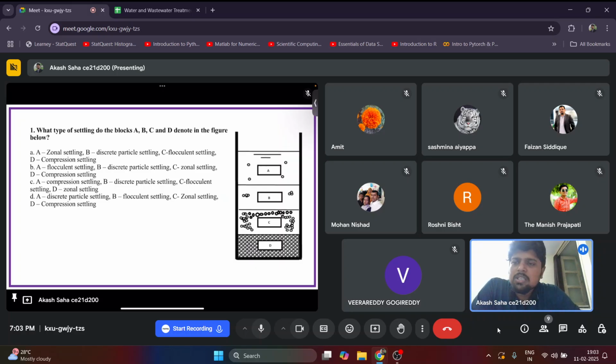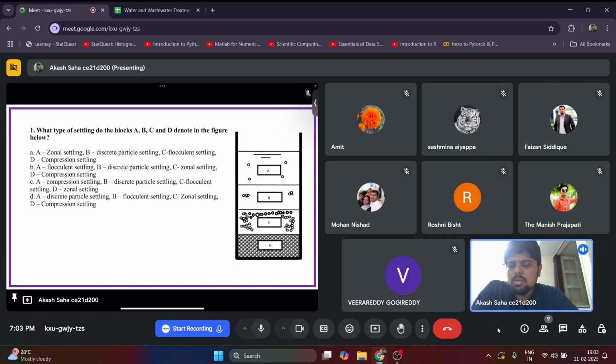So the first question says: what type of settling do the blocks A, B, C, and D denote in the figure below? We have a settling tank differentiated into 4 blocks: A, B, C, D. These are nothing but various zones. So you have to tell me what type of settling these blocks represent.